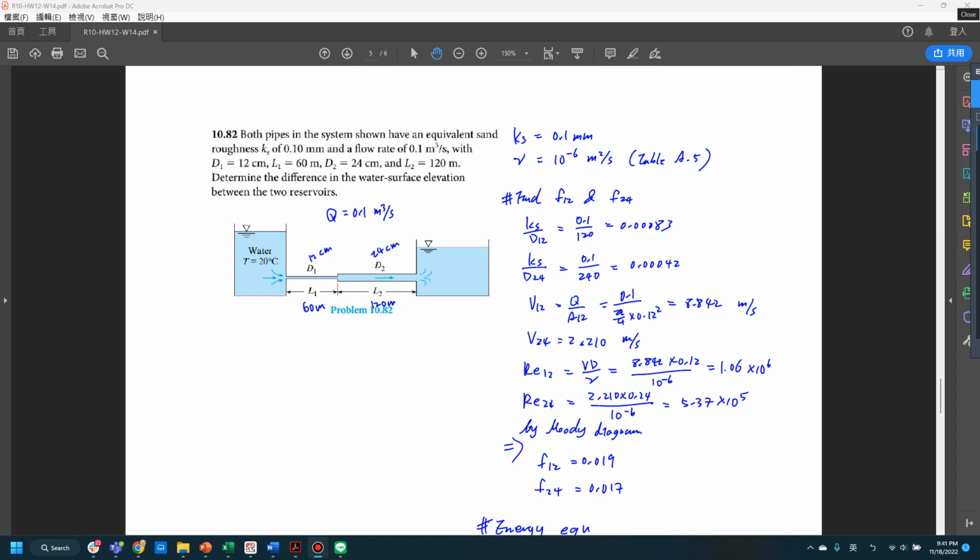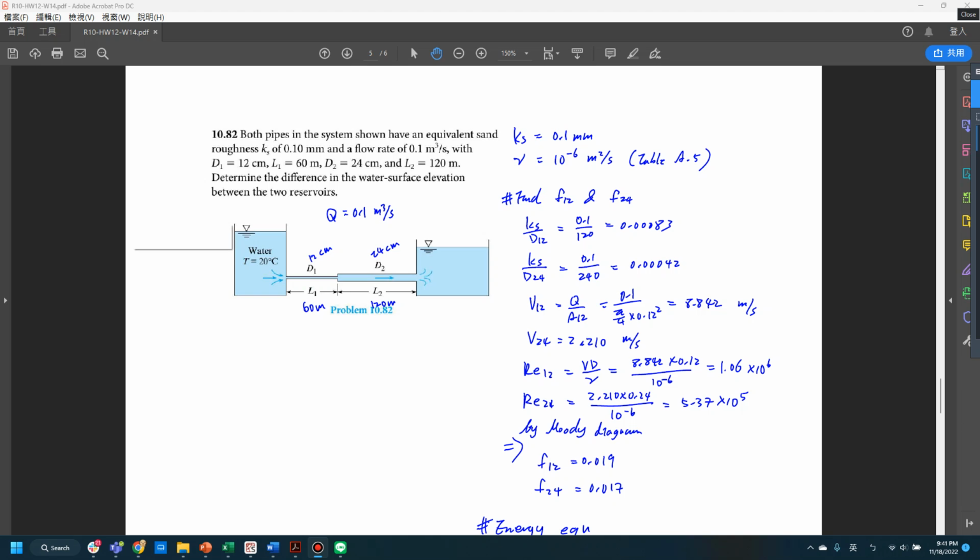In problem 10.82, we have a system that looks like this figure here. Both pipes in the system shown have an equivalent sand roughness Ks of 0.1 millimeter and a flow rate of 0.1 cubic meter per second, with diameter 1 equal to 12 centimeters. The length of pipe 1 is equal to 60 meters, diameter 2 is equal to 24 centimeters, and the length of pipe 2 is equal to 120 meters.